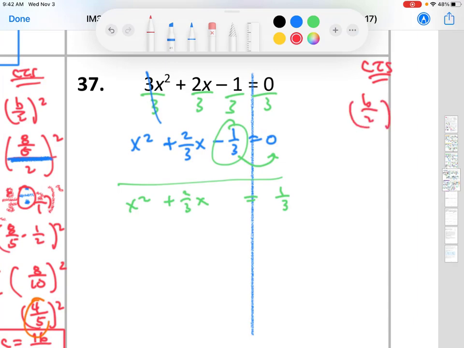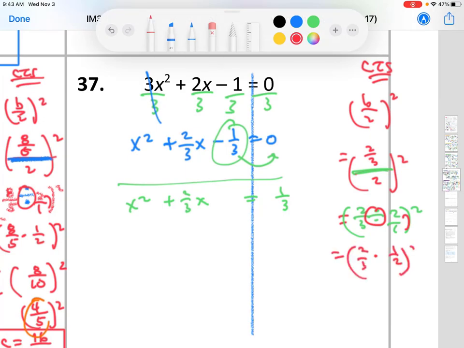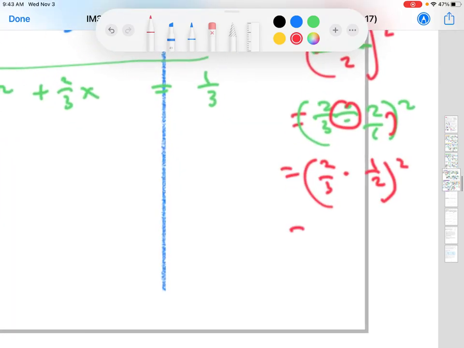Is that a band? Okay, 2/3 divided by 2, squared. 2/3, remember this is division, divided by 2. And change that to multiplication, take the reciprocal, multiply across, you'll get 2/6.